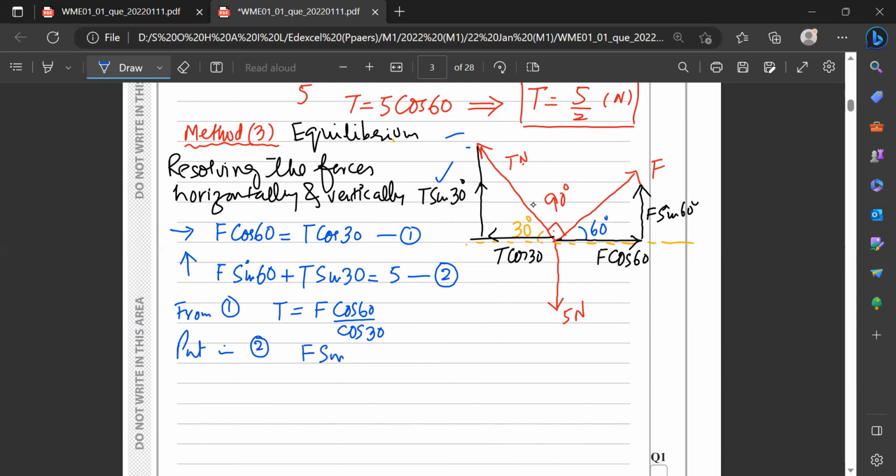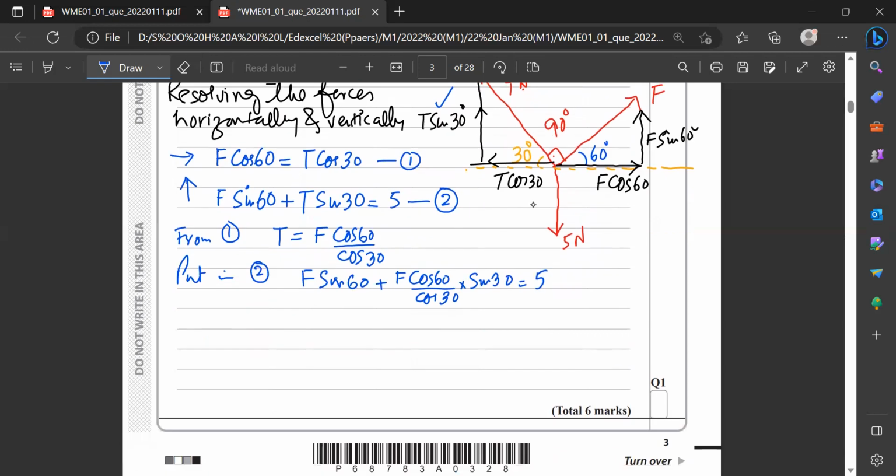F sine of 60 plus F cos of 60 over cos of 30 into sine of 30 is equal to 5. F is common. Sine of 60 plus cos of 60 over cos of 30 multiplied by sine of 30 is equal to 5.